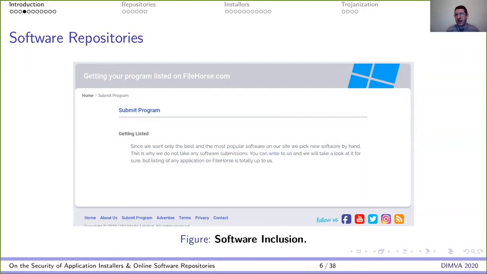Although all websites state that they review the application before inclusion, it's not clear which checks are performed by them and to which extent. So there's probably a security breach in some cases if an attacker is able to include malicious software in them. Even worse, the websites do not display to the user who requested a given software to be included. So maybe the users will be unaware of who uploaded that binary to that repository.